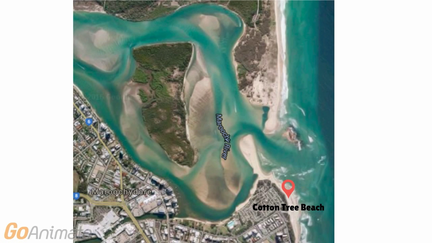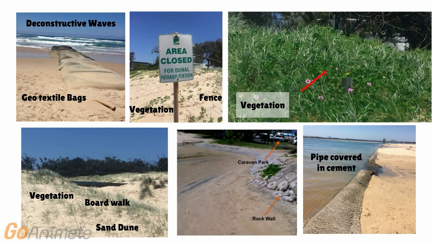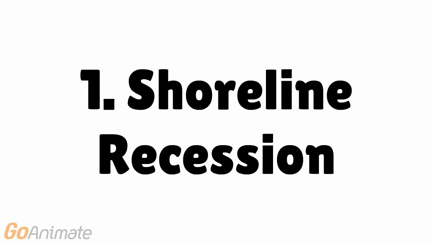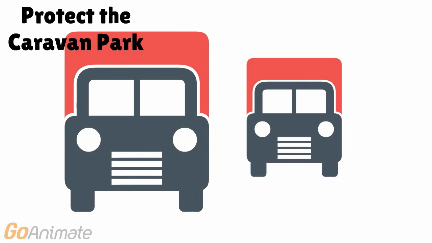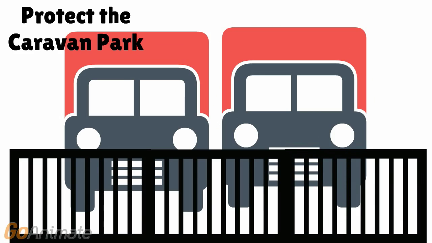Coastal changes and their impact. On the excursion, coastal changes were detected in the Cotton Tree Beach area, which affected the landscape. Currently, a lot is being done to reduce the impact of these changes. There was evidence of shoreline recession, which is loss of the coastline. To help overcome this, geotextile bags are used to try to protect the caravan park.